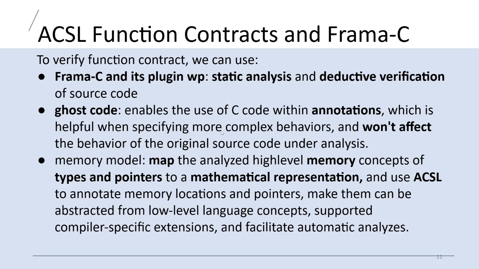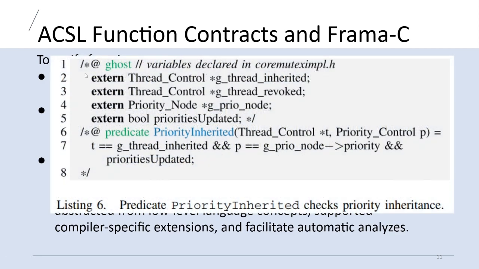This is very helpful when specifying more complex behavior, and it will not affect the behavior of the original source code under analysis. This is the ghost code. The property is in the annotation.